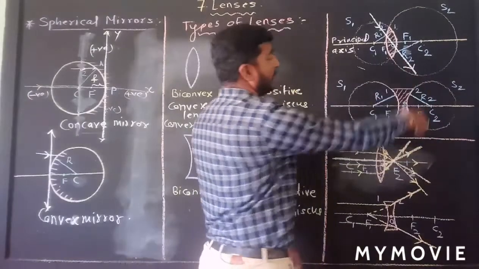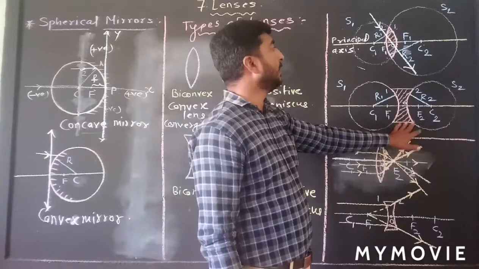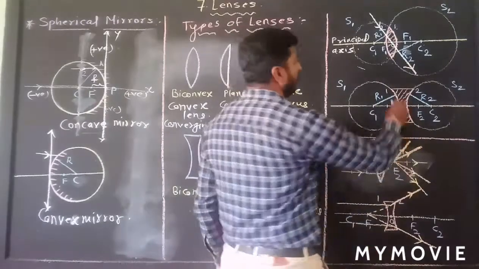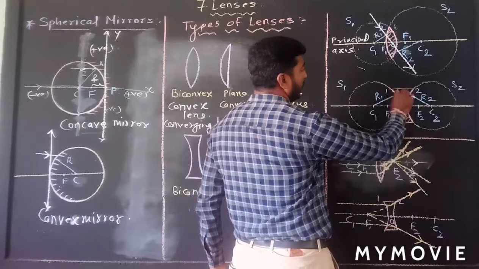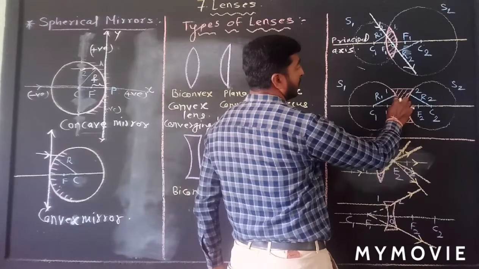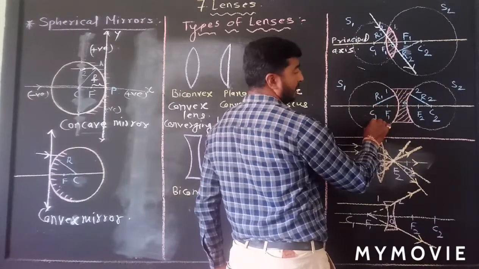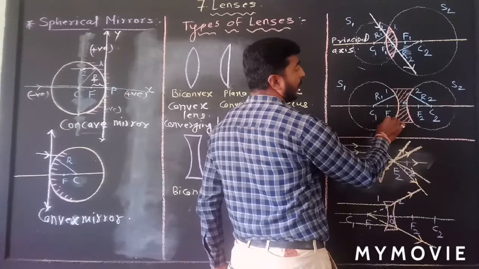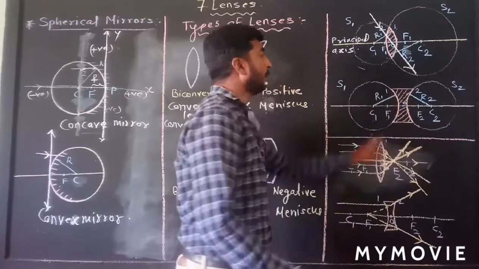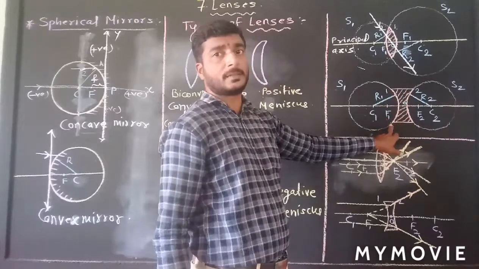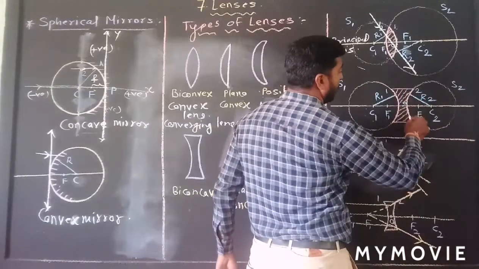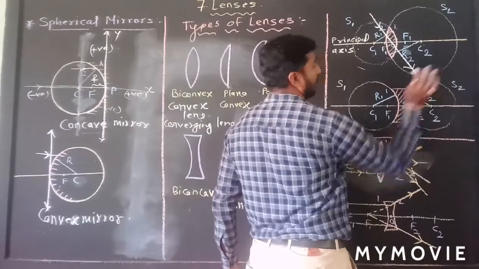Now the same terminologies are related to the concave lens also. You know the surface of this concave lens is part of sphere 1. So it has center of curvature C1, principal focus F1, and this is the radius R1 for surface 1 of the lens. And this is surface 2, which is part of the second sphere.